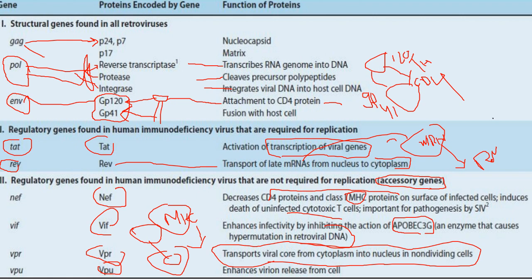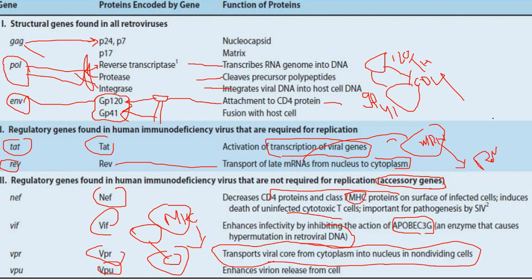So the GAG gene is responsible for the formation of nucleocapsid protein, and the pol gene is responsible for these three enzymes.